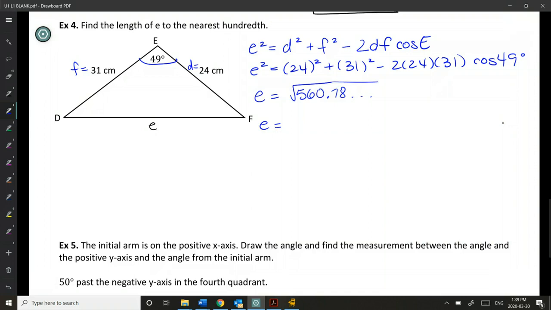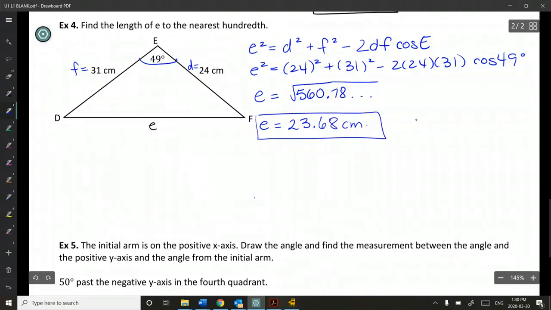You're going to leave that right in your calculator there, and if it's nearest hundredth, you should get 23.68, and that will be in centimeters. All right.